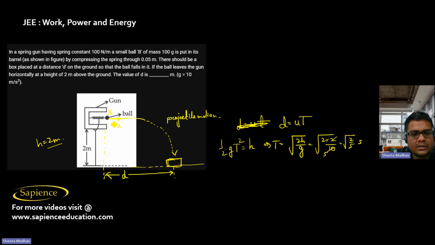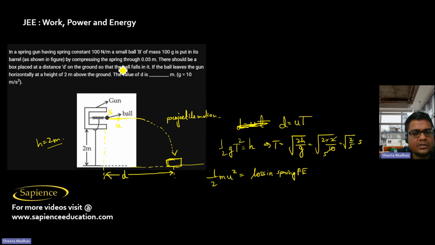Now u we have to find. Here the kinetic energy gained, half m u square, will be equal to the loss in spring potential energy, which is equal to half k x square.